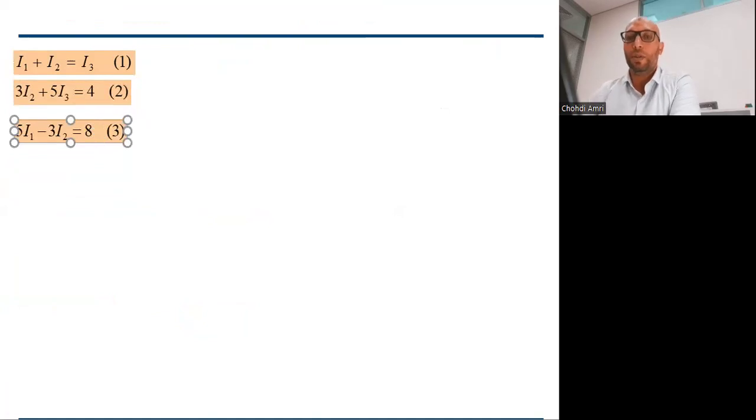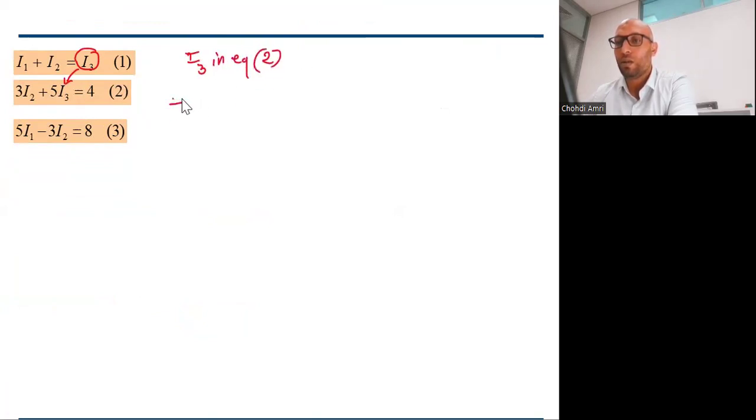Okay, so as before, we will use I3 in one of these two equations. So I3 in equation number 2, we can write 3I2 plus 5I3, and I3 is I1 plus I2, equals 4.